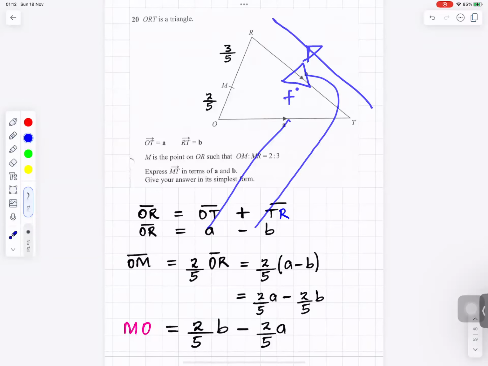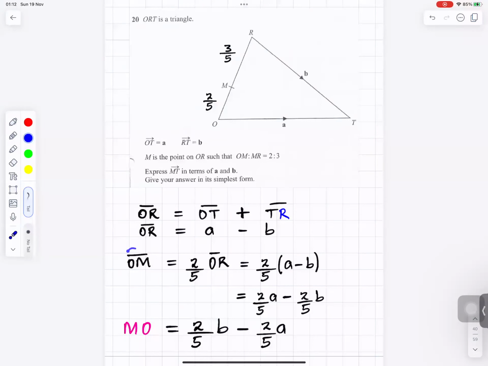So this is plus B and this will be minus B. Now OM is 2 over 5, that's the 2 there, divided by the total 5 of OR. So it's 2 over 5 times what OR is. You remove the bracket, 2 over 5 times A, minus 2 over 5 times B.